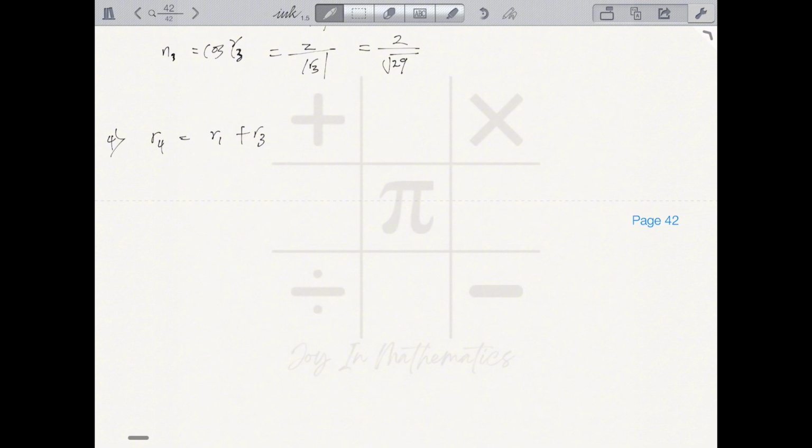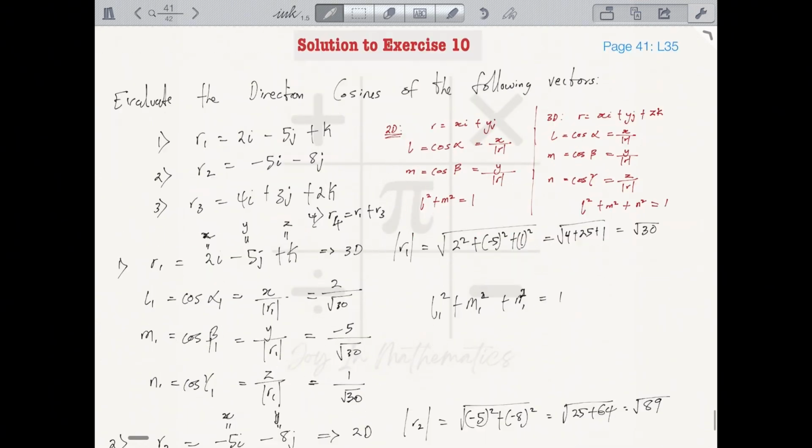The first thing we will do is to evaluate what is R4. So we know that R4 is equal to R1 plus R3. R1 is equal to 2i minus 5j plus k, and R3 is 4i plus 3j plus 2k.